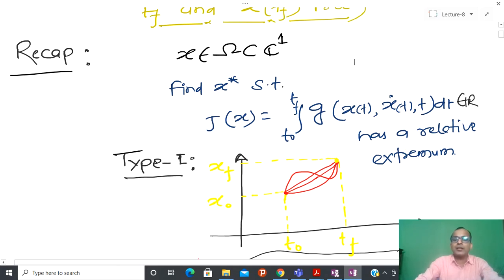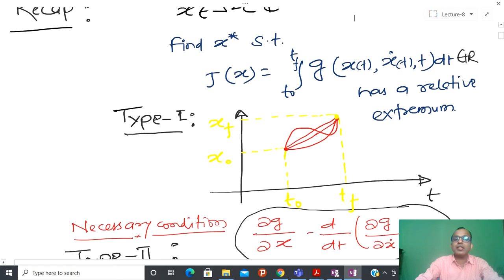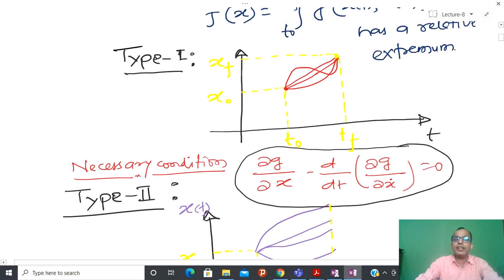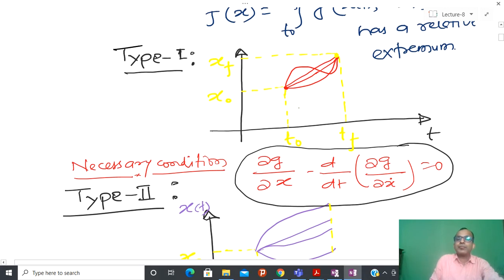And so far we have seen three different types of problem. In type 1 we are assuming that both the initial time as well as the initial state are fixed, and what we have observed is that the necessary condition for the existence of the extremum finally lands up at this Euler equation.